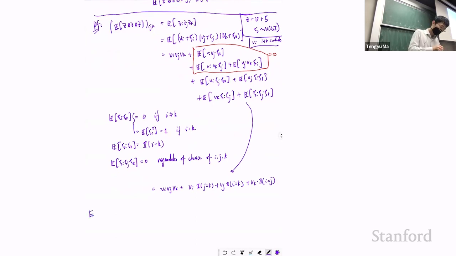So if you verify this equation, the target equation, entry by entry, then you see that this is exactly the same. So this is V tensor E_L tensor E_L, sorry, V tensor E_L tensor E_L, plus the other terms.